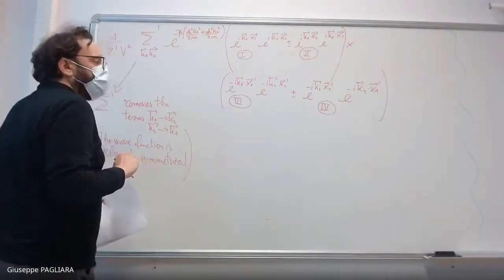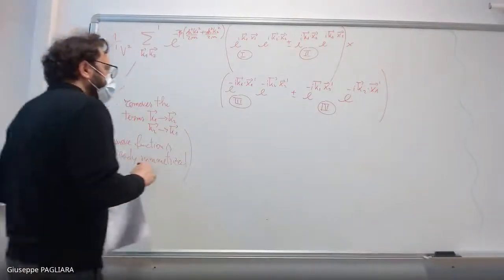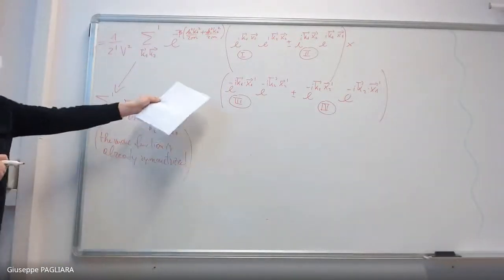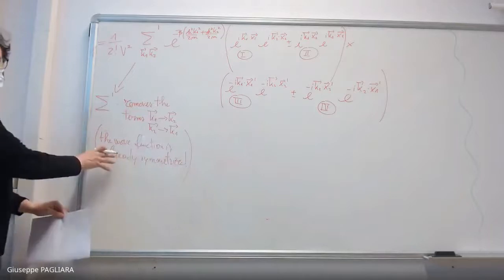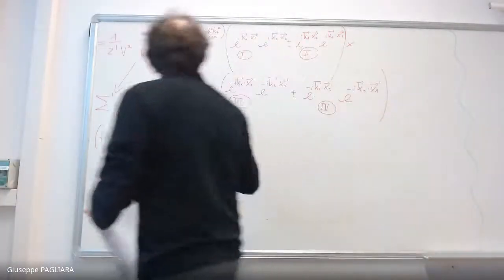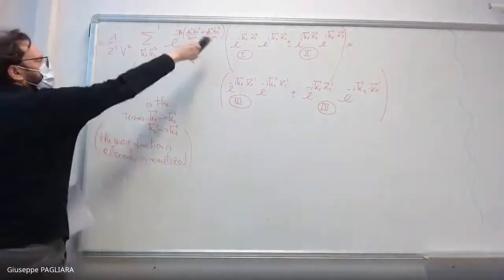Let me cancel here and try to write, because I want to keep this structure here. So maybe I want to remove this, and then let me write down, because I want to keep this structure.